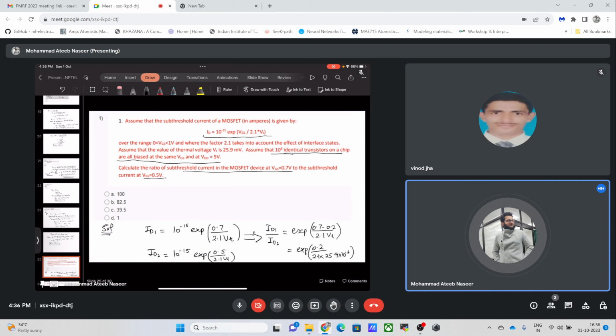It comes out to be equal to 39.5. So the option C is the correct option to go with.